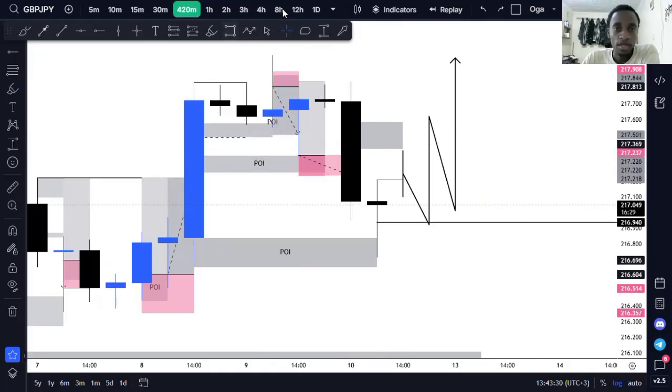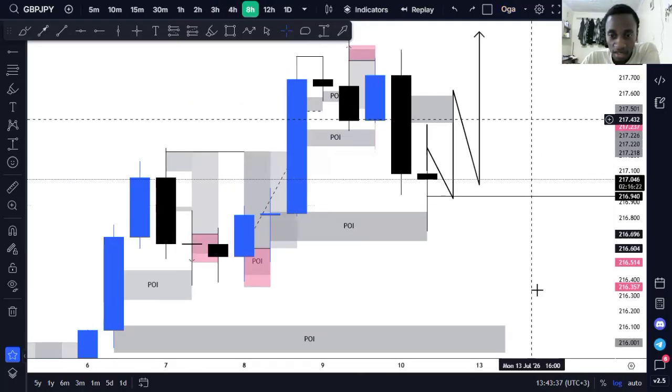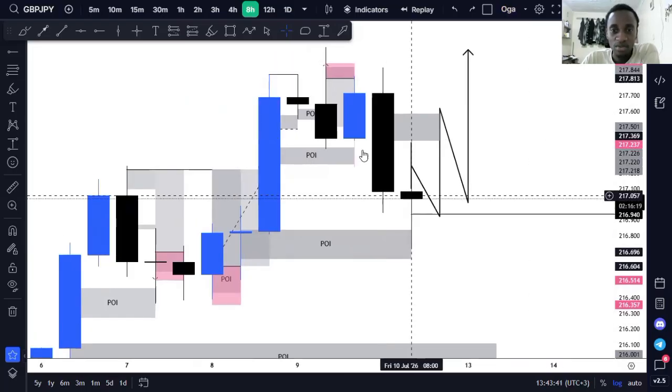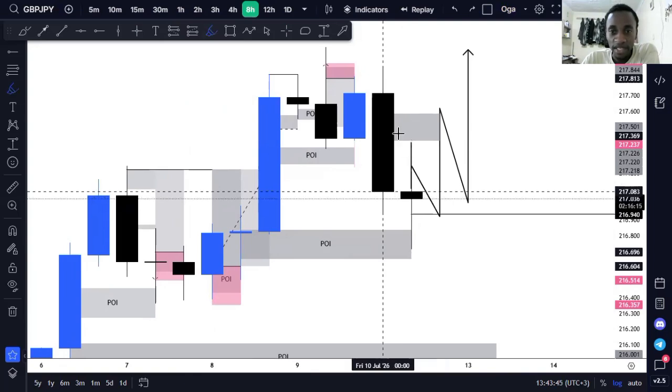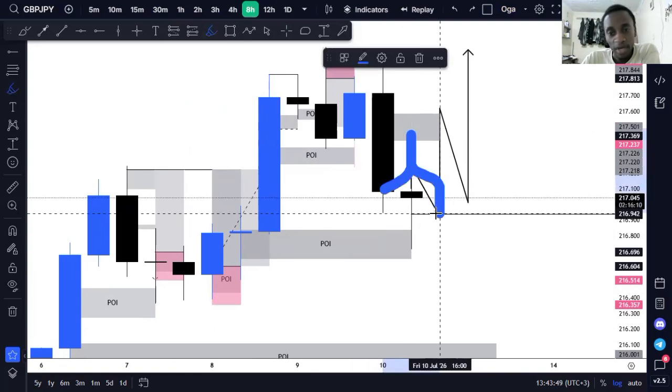So let me show you what I mean by opposing liquidities. If this is a structure that is blocking the way, so price needs to violate it or do away with whatever is inside it like this, and then pulls back to gain more energy. Let me just use simple terms to explain.